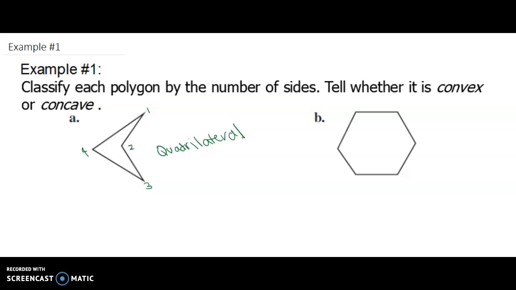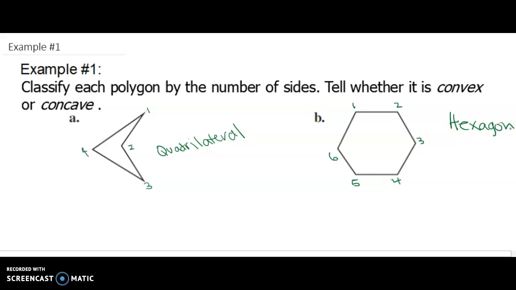Guys, that's probably misspelled, but that's okay. I'm a math teacher. And then this one over here has 1, 2, 3, 4, 5, 6. So think back. What is a 6-sided polygon named? It is a hexagon.